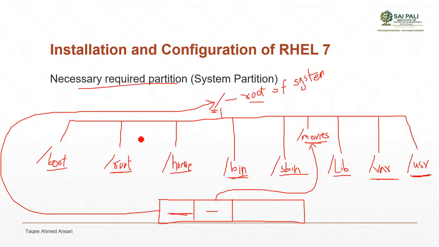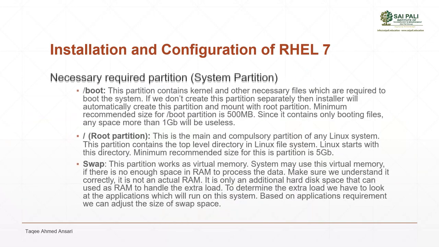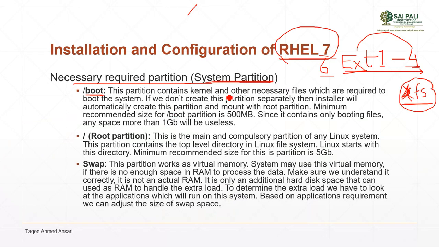That means you have to have one separate partition, which is mounted on this boot directory, separate from any other partition. So why do we need a partition for this directory? Because this directory contains the kernel and other necessary files which are required to boot the system.